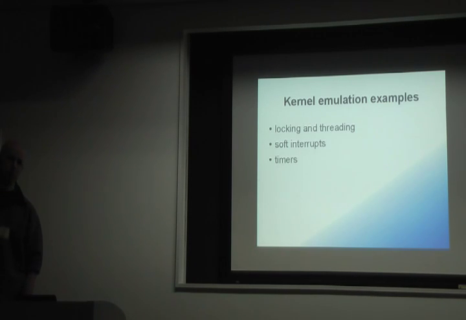So instead of implementing our own locking system which complies with the kernel locking, we use locking and threading from pthreads. For example, a kernel thread create is actually a pthread create, and kernel mutex lock is mapped to a pthread mutex lock, and that way you get automatic scheduling also. The pthread scheduling takes care of scheduling your kernel threads and so forth.